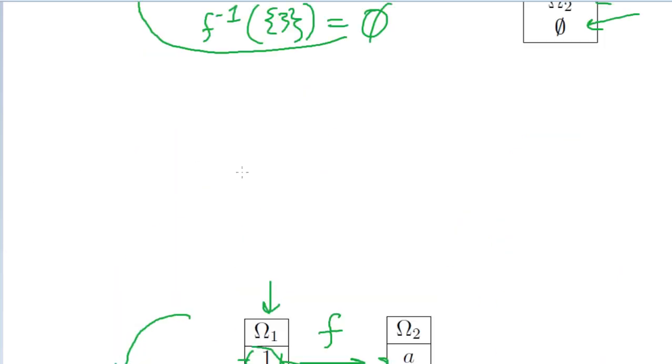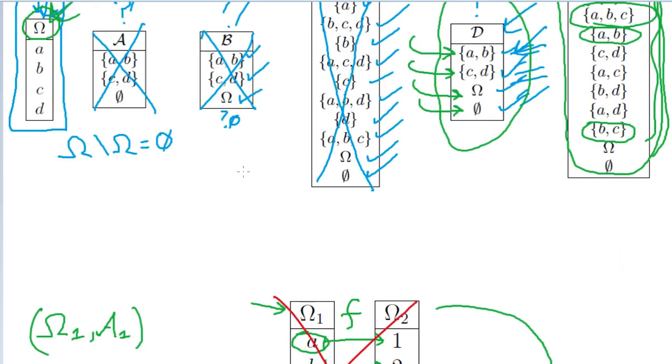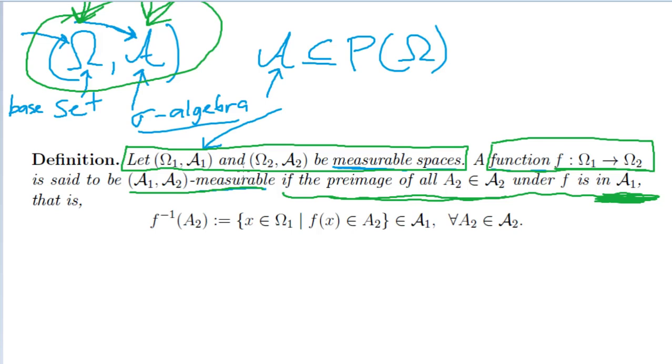So now let's look back at the very beginning and see if we can understand this thing that before looked so complicated. So let omega 1, A1 as a pair and the pair omega 2, A2 be measurable spaces. That just means that this is any old set and this is a subset of the power set of omega 1 that has specific characteristics, meaning it is a sigma algebra.